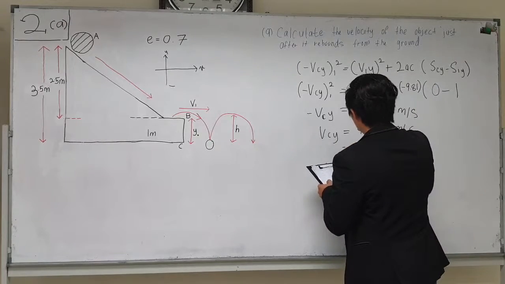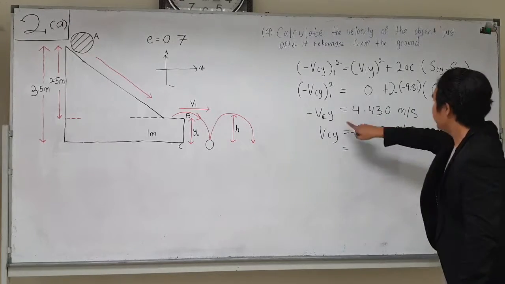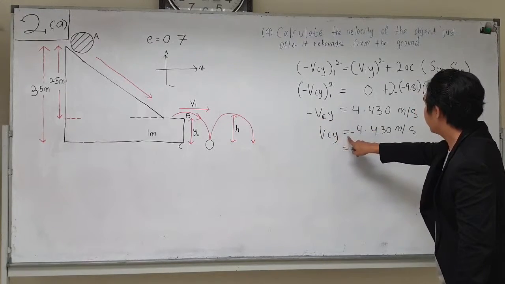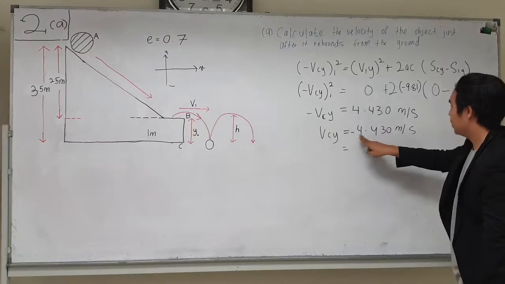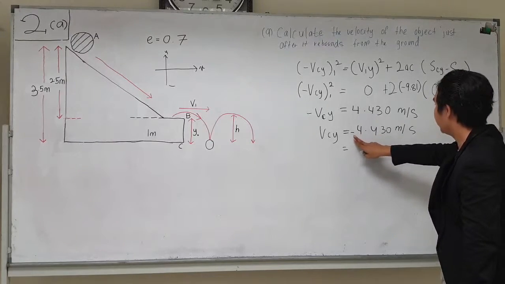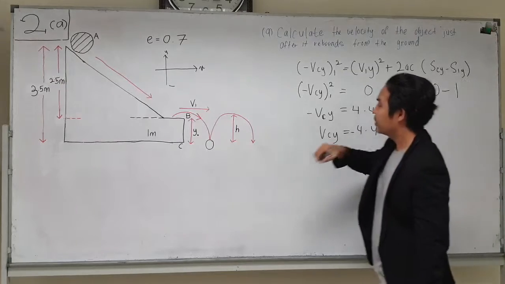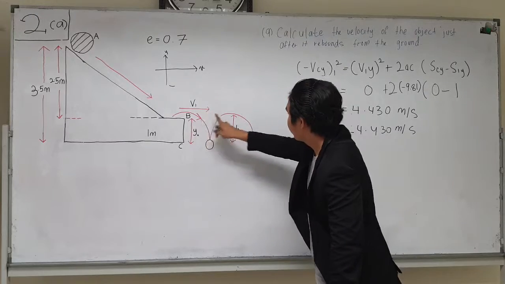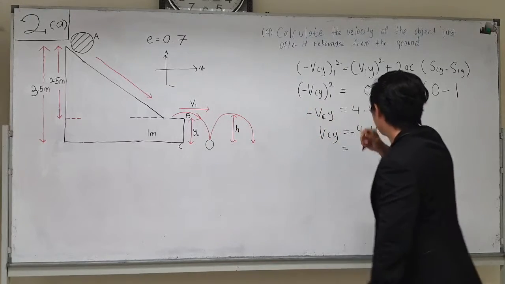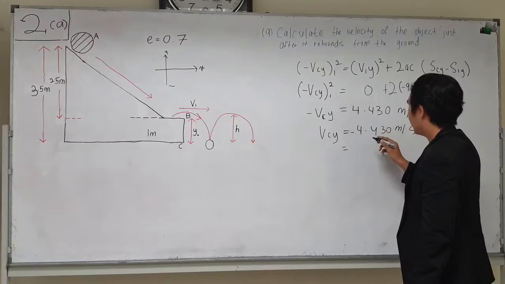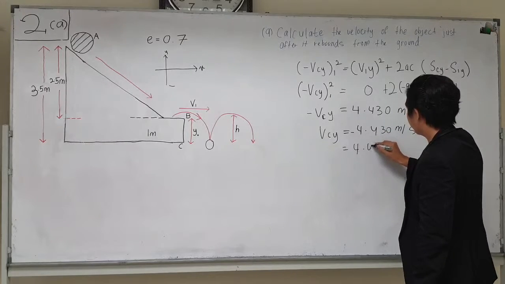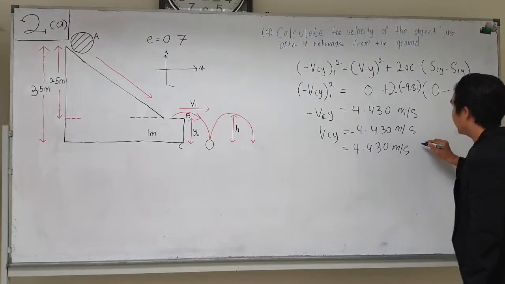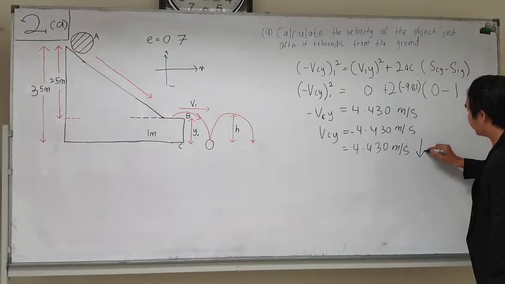V0Y is negative, and when we transfer it to the right, the value will be positive. The object rebounding is actually going up, so it should be positive. I will write down the answer: 8.3 meters per second.